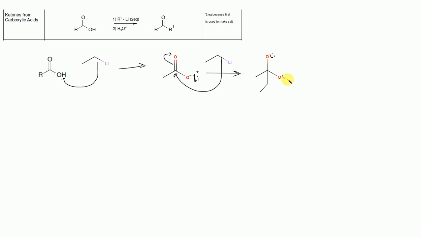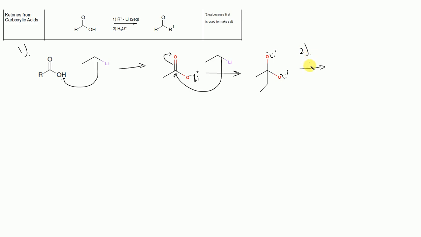Okay, can't draw L's, it's very hard. All right, O minus Li plus, twice, and so here's the group that was added, here's the new salt that is formed. Okay, so now that I have my salt, now I move on to my next step. So this is all step 1.